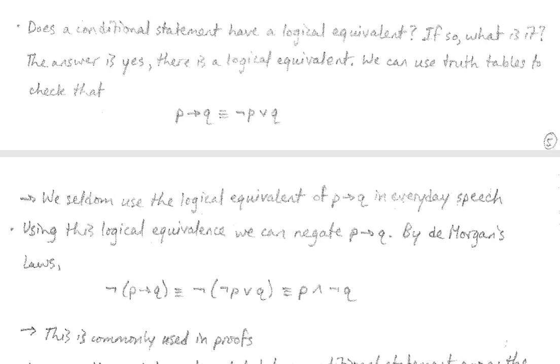And thus you know that the statement that you are given has to be true. So this is just a little bit of an overview of the conditional statement, the conditional logical operator.